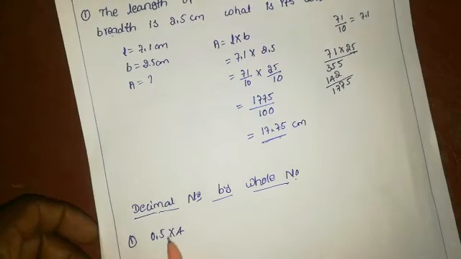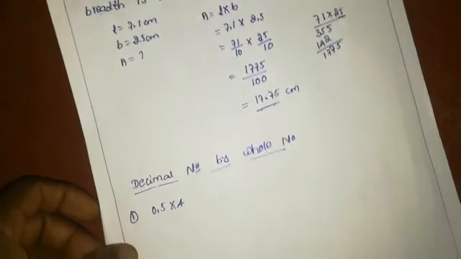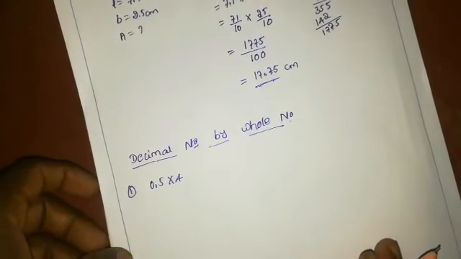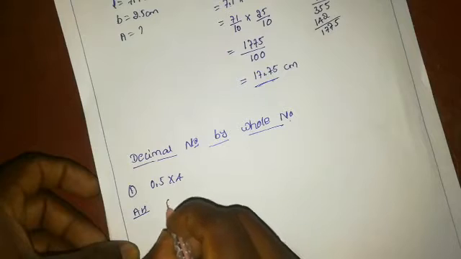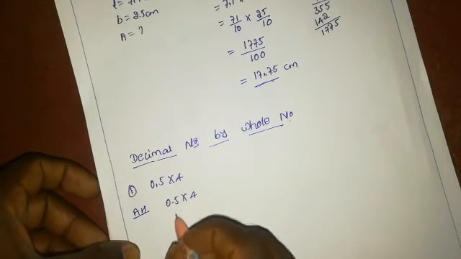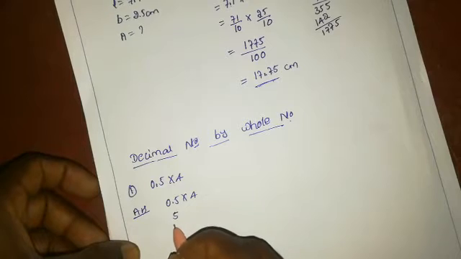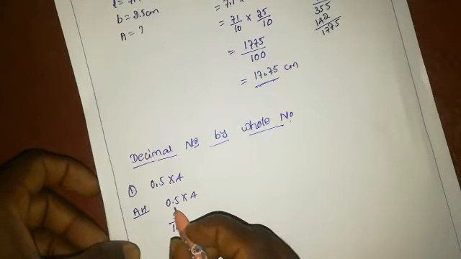Here 0.5 is a decimal number and 4 is a whole number. In that situation, how do you multiply a decimal number by a whole number? Let's see. We can write it as 0.5 into 4. We can write 0.5 as 5 by 10. When we simplify 5 by 10, we get 0.5.